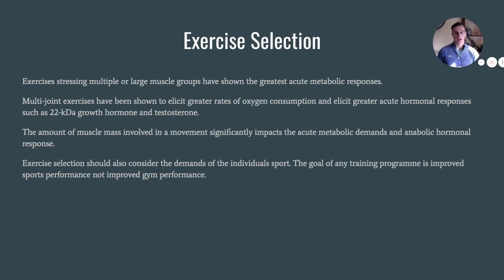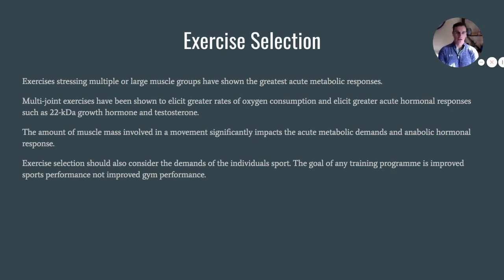And like we were saying there, obviously exercise selection needs to consider the demands of the individual sport, because the goal of any training program is improved sports performance and not improved gym performance when you're working with people where performance is the goal. Okay, obviously if you're working from a health perspective, or with people who weren't focused on any particular sport, then that might be slightly different. But in a sport sense, the goal of the training program is to help the sport.